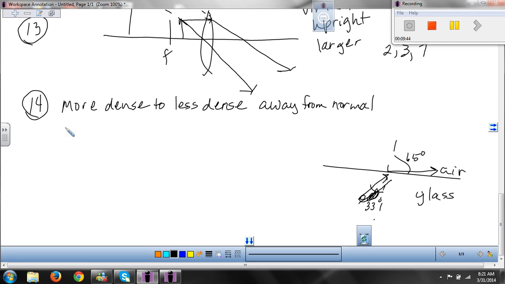Okay? Then if it goes from less dense to more dense, it's going to bend towards the normal.